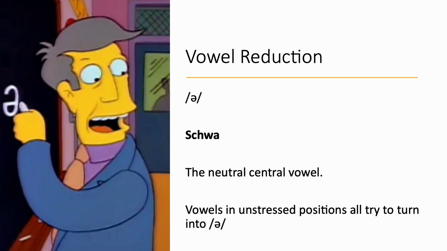And in English, we have a tendency for any vowel that's in a syllable that you're not emphasizing, like any syllable that is unstressed, it'll tend to try and turn into a schwa. So when we say together, the ge in the middle, that's got a nice clear vowel, but the t and the at the end are both just schwas for most people, together.